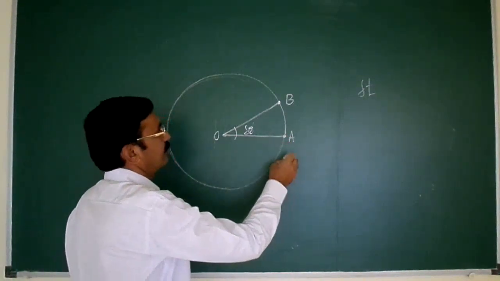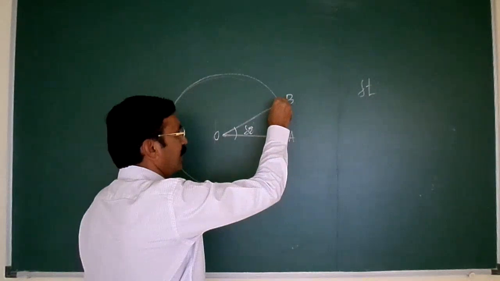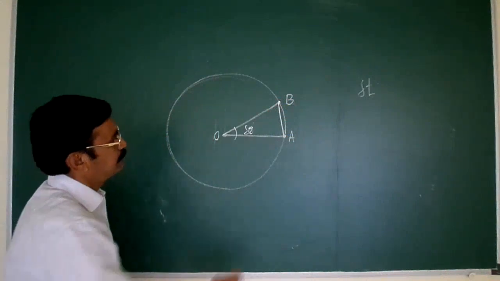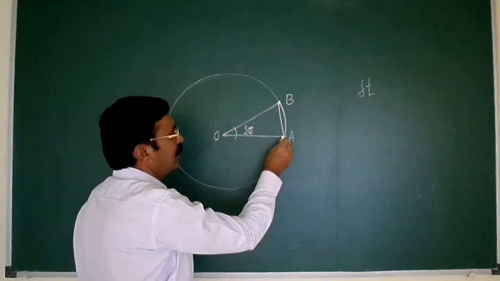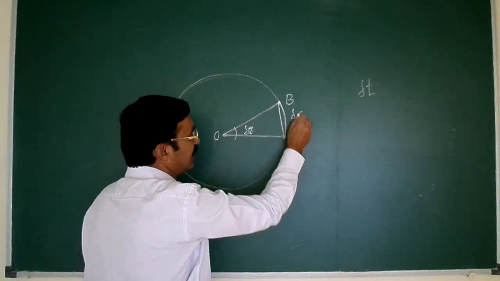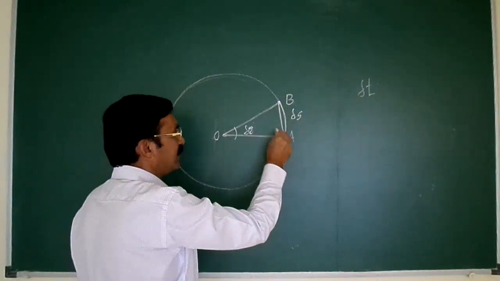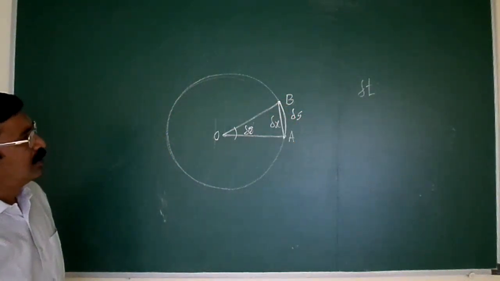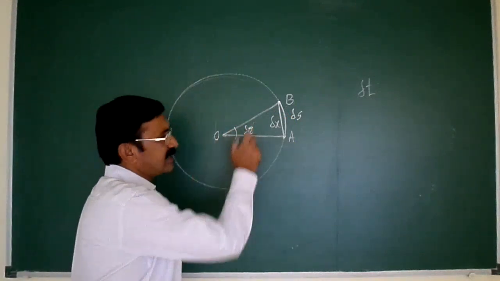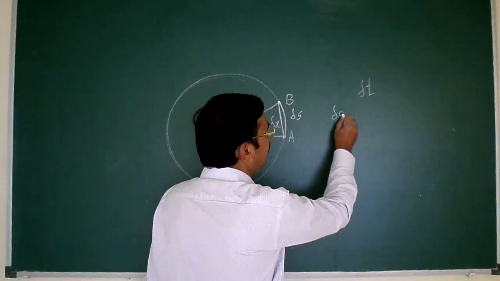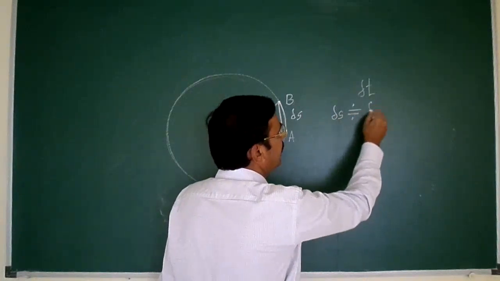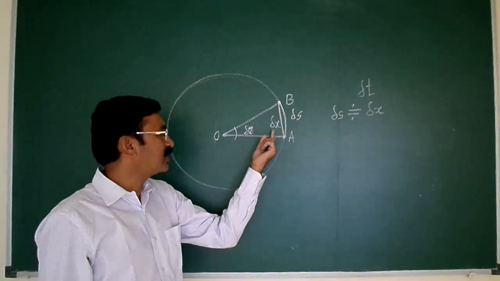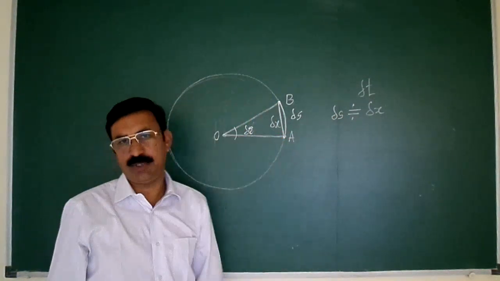Now in this case, if we join point B to point A, let arc AB be delta S and segment AB be delta X. For smaller values of delta theta, the value of delta S is approximately equal to delta X. The length of arc AB will be approximately equal to the segment AB.